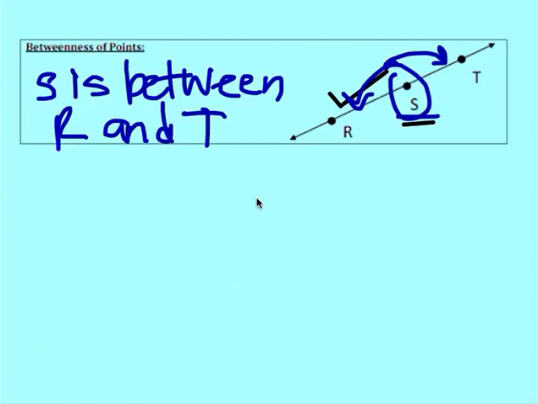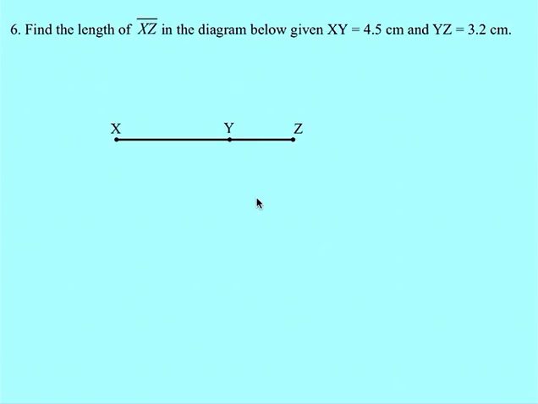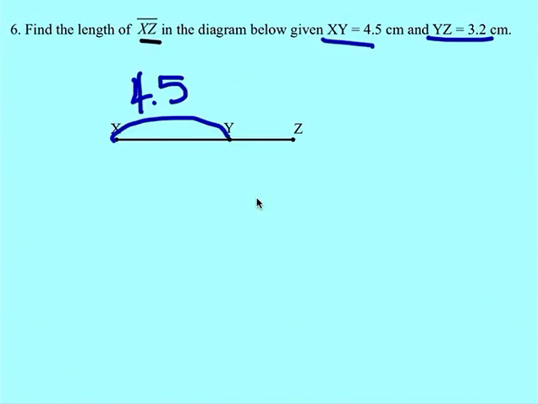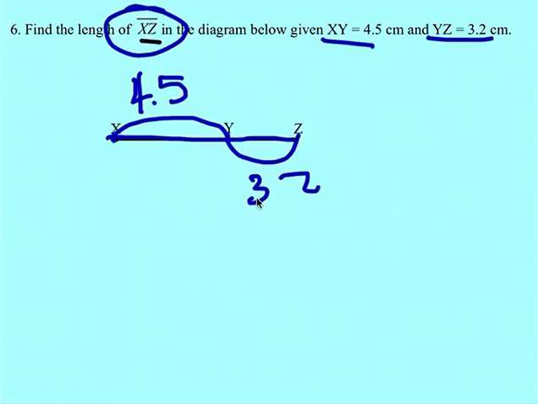So now let's go ahead and let's take a look at how we're going to use this. So we want to find the length of XZ if given XY is 4.5 and YZ is 3.5. So let's start by writing down what we know. We know that from X to Y, it's 4.5. From Y to Z, it's 3.2. Now it wants to find the length of XZ, which is the entire length of this line.